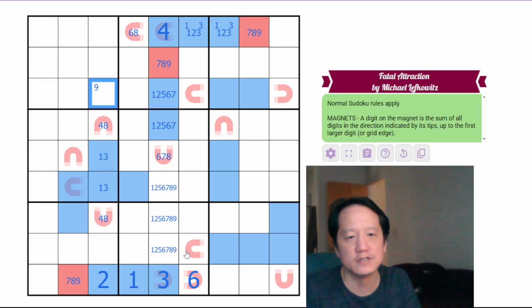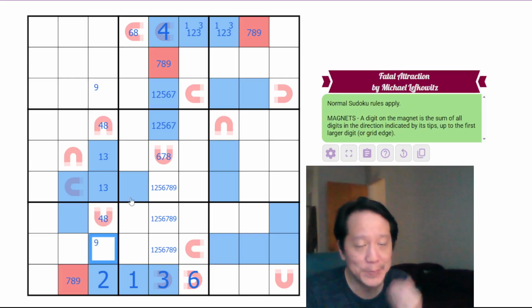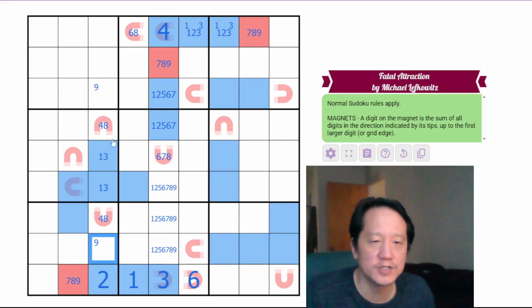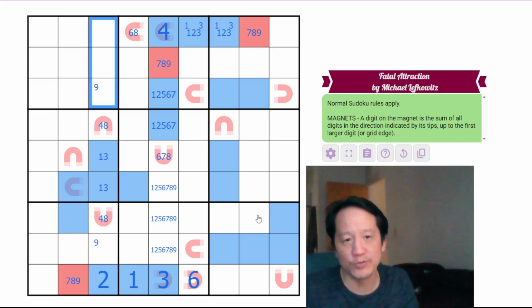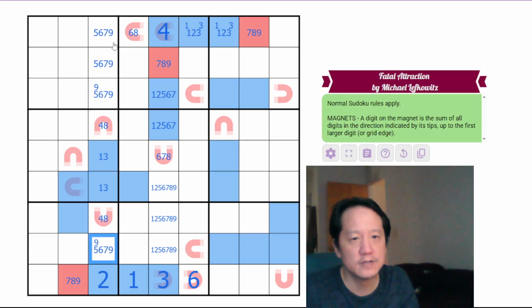So one of these is guaranteed to have a 9. And it must be the next one after the 4, because otherwise that magnet's going to be too big. So remaining digits in column 3 are 5, 6, 7, 9, with the 9 being right after the magnet. So this cannot be 9 here. 4 is here, which forces this to be 8, which forces this to be 9 here.